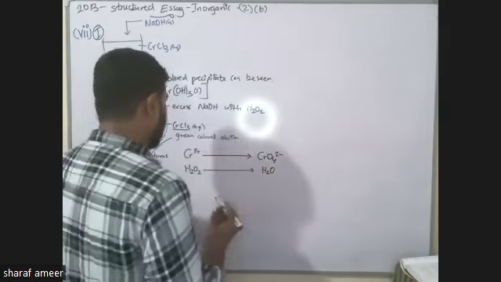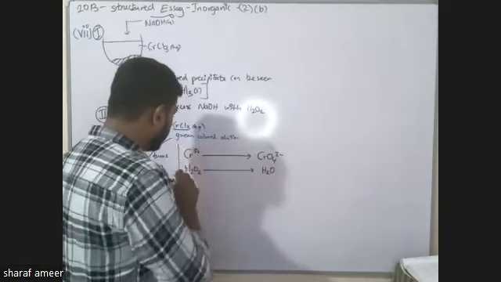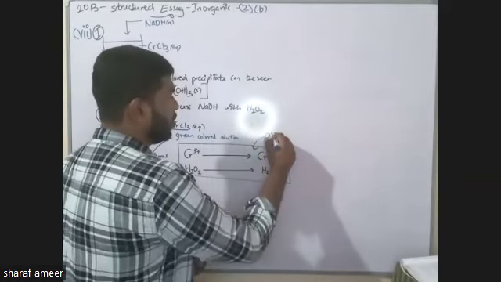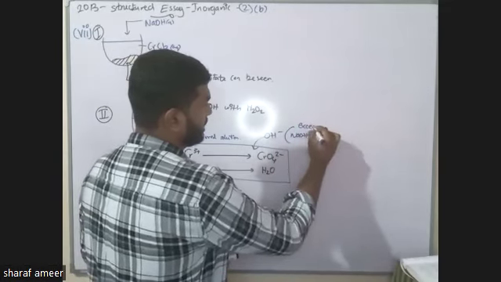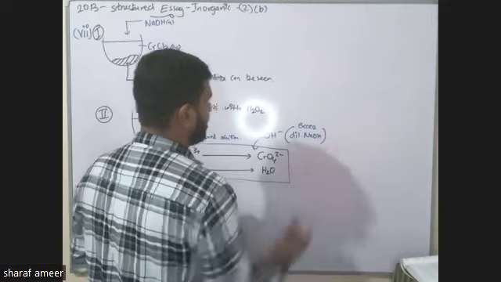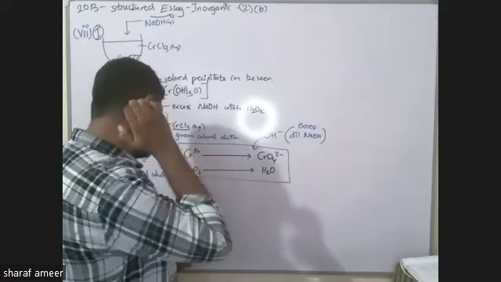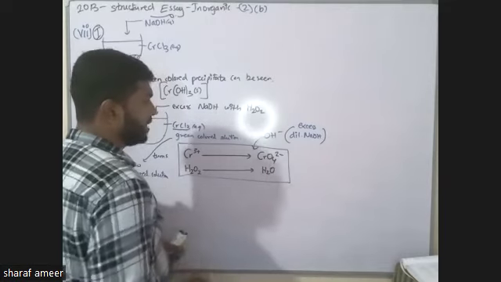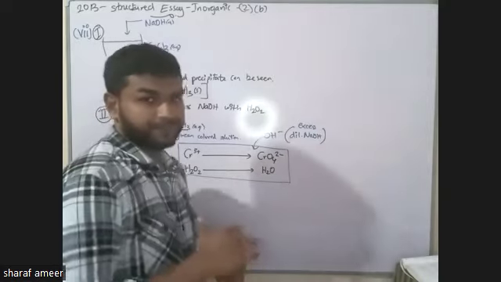Under the basic medium, this process takes place, because we're using OH minus, which is from the excess dilute NaOH. So if the medium is basic, once you add Cr3+ with H2O you will get CrO4 2 minus, so the solution is going to be yellow color, right?